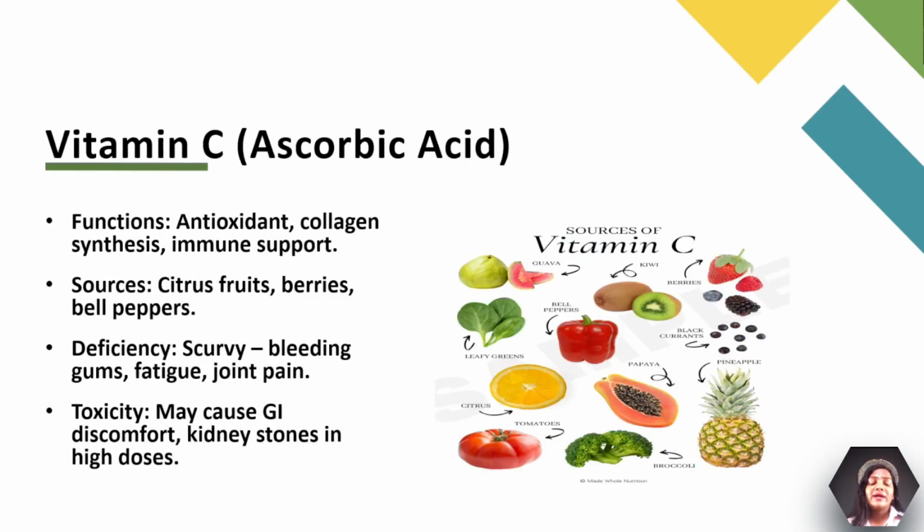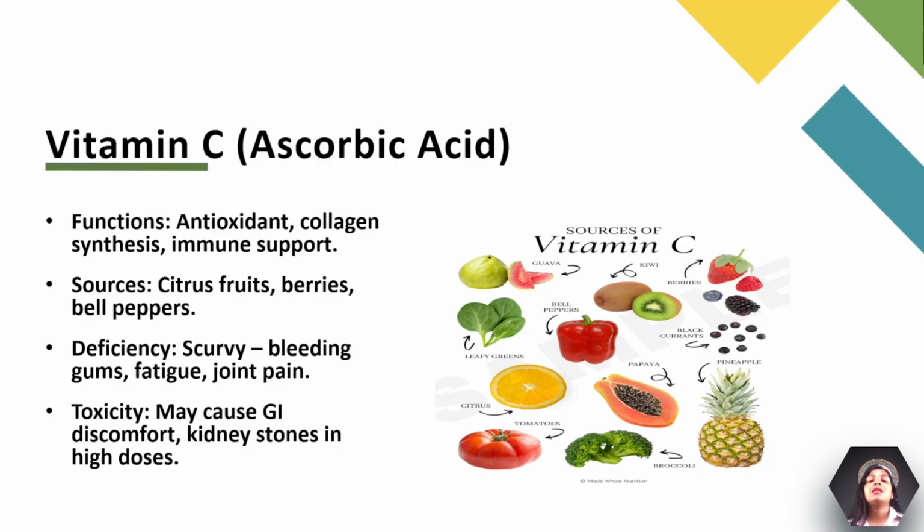Now talking about vitamin C, also known as ascorbic acid. There are multiple functions played by this vitamin. Let me just count down each of the functions of vitamin C. First, it supports the immune system. Second, it helps in collagen synthesis in our body. It supports the immunity of our body.